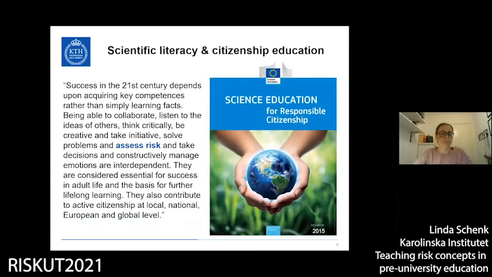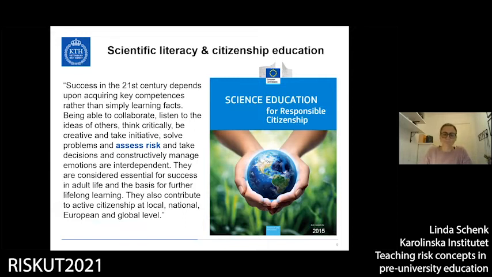In this report from 2015 to the European Commission, we also have a pointing out of the fact that our future citizens need more than just the content knowledge from science education, where we need a lot of different skills, for instance, critical thinking, and in this particular excerpt, also assessing risks.